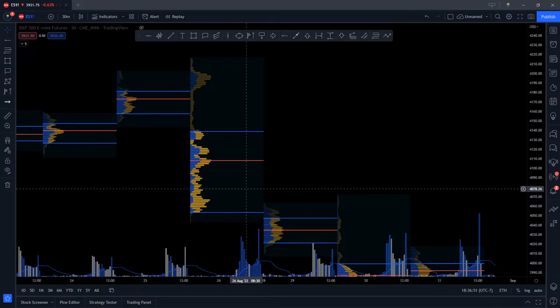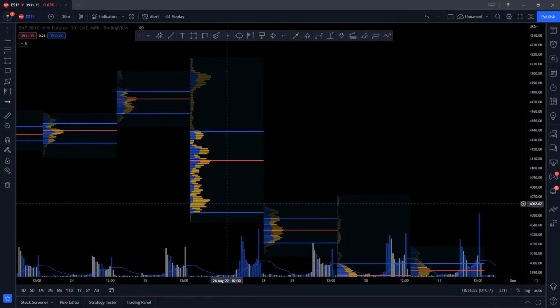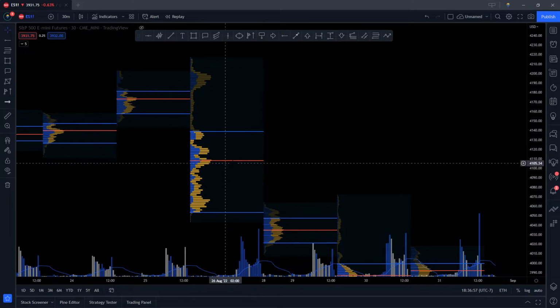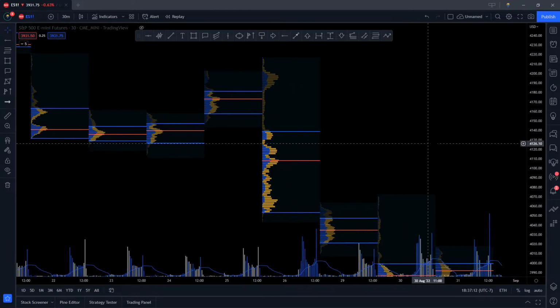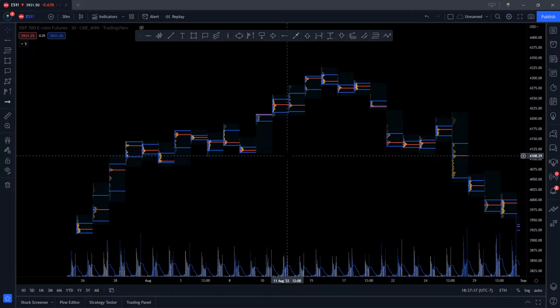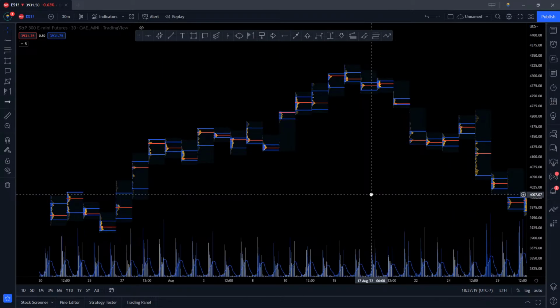So this is where 68% of the volume took place on any given day. And then this red line is called the POC, which is the point of control. Point of control is where the highest volume of trading took place on any given day. The way that we want to look at POCs, let me zoom out here, try to find a good example.